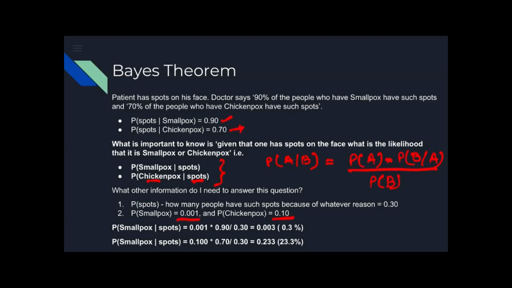And the probability of chickenpox is given here. Now again, we apply the Bayes theorem, and we find that the probability that a person will have smallpox is actually only 0.3%, whereas the probability that a person will have chickenpox is actually 23%.